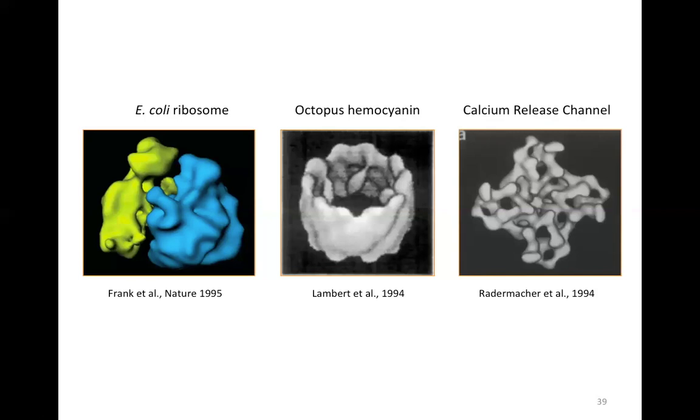And I'll show you just 3 examples here. And for me, the most interesting was the E. coli ribosome, which for the first time we got at a resolution of 25 angstroms, and it showed very interesting and intriguing detail. It was published in 1995 in Nature.